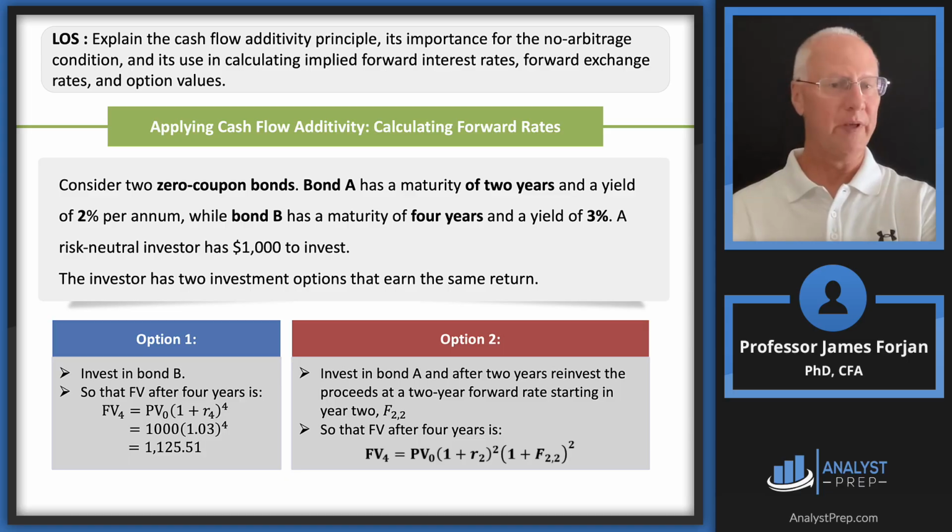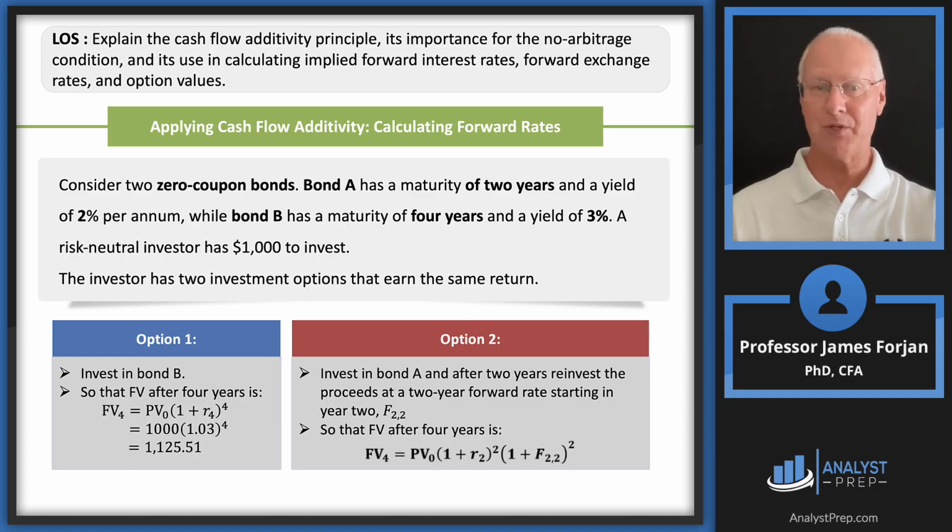However, when we move into learning modules on derivative securities and bonds that have embedded options in them, we're going to need this risk-neutral investor to help us come up with a no-arbitrage price. So for now, let's just say a risk-neutral investor is some person who doesn't care about risk, who only cares about return.